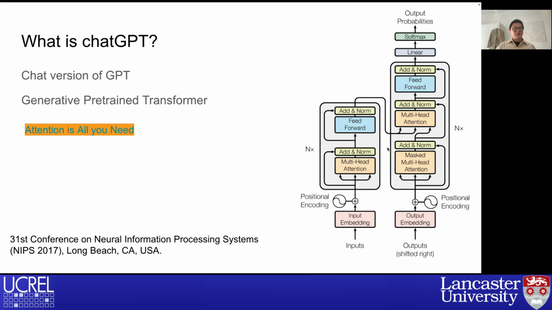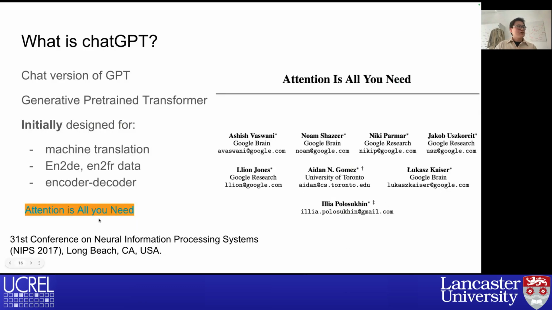For NLP people, you will be very familiar with it, but let me go through it very briefly. In the Transformer, there is an encoder and decoder. It was initially designed for machine translation. That was my PhD topic, about using a transformer to translate English-Chinese, English-German. In this paper, they applied it to English to German and English to French data.